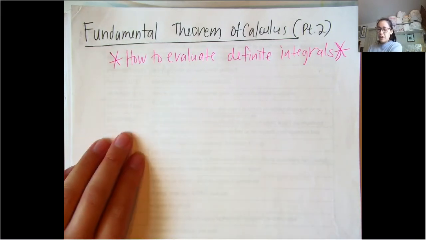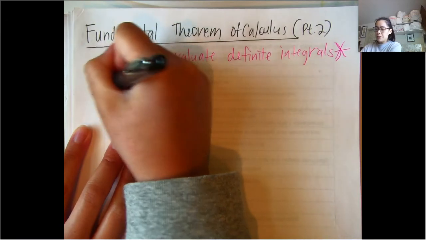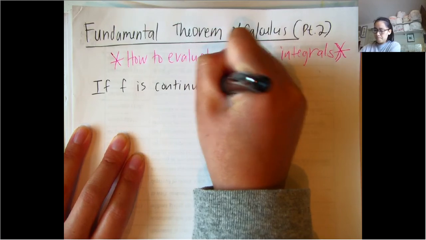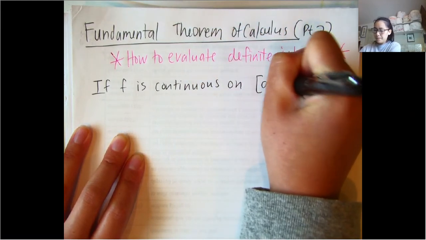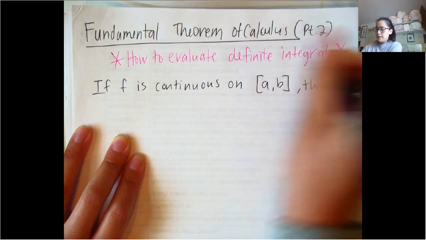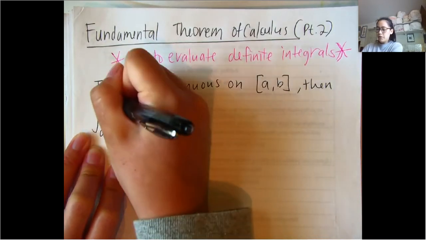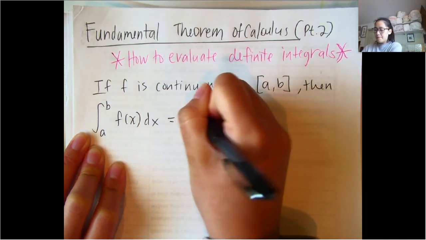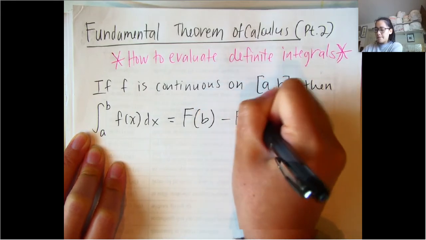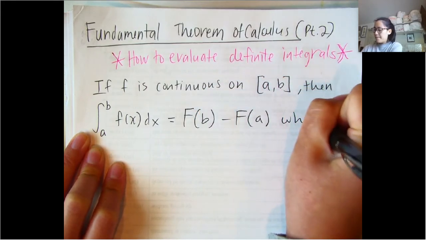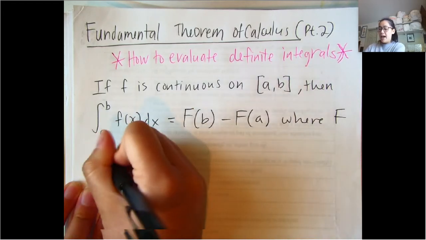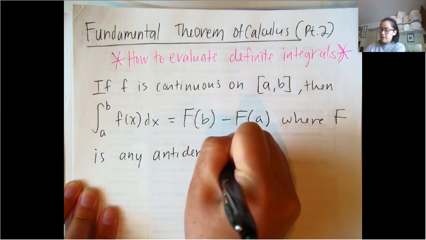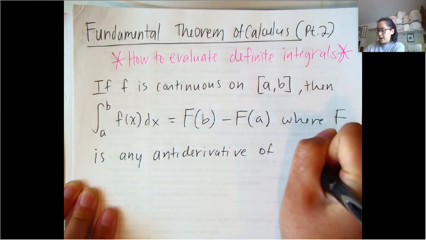Okay, so the Fundamental Theorem of Calculus 2 states that as long as your function is continuous, so if f is continuous on some interval a to b, then if you want to evaluate the integral from a to b of f of x dx, then you take big F of b minus big F of a, where big F is any antiderivative of f.